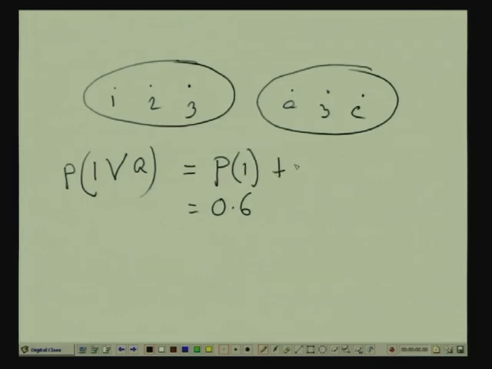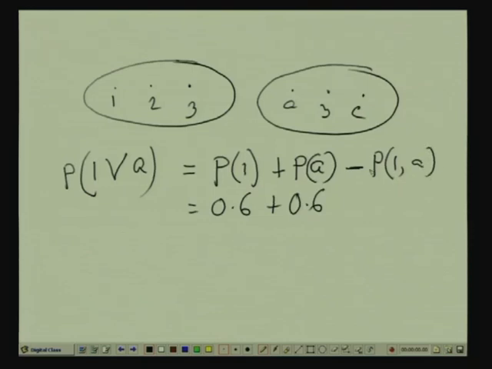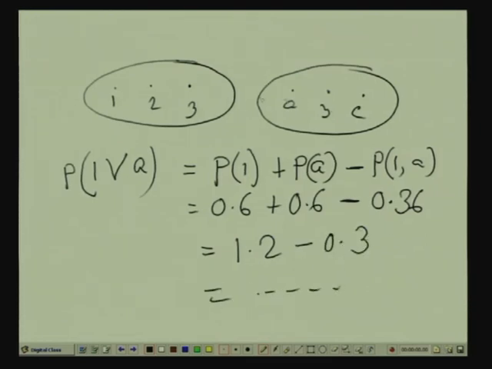The fact that A will appear also has got a probability 0.6, but there is a joint probability in that I am already considering the cases where 1 and A have jointly occurred. So, that was 0.36. So, minus 0.36. So, that one will come to 1.2 minus 0.36, whatever that comes to, that will be the union of these probabilities.